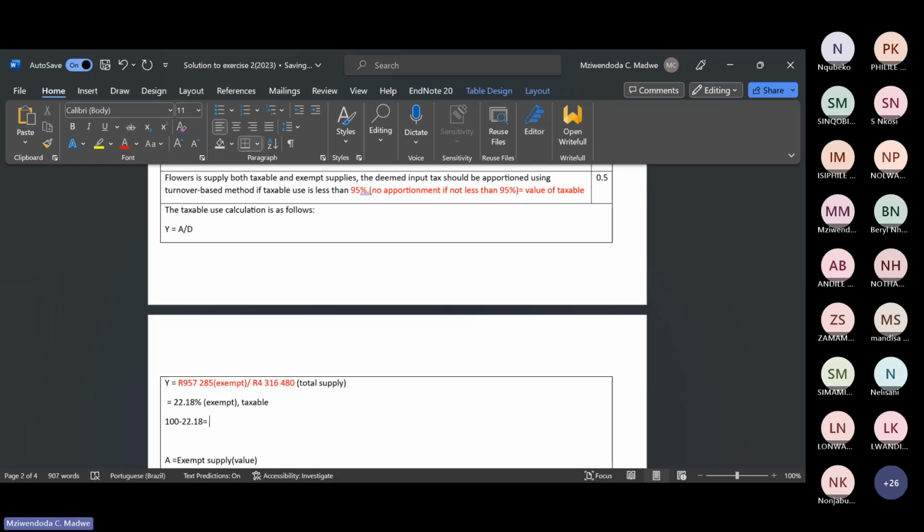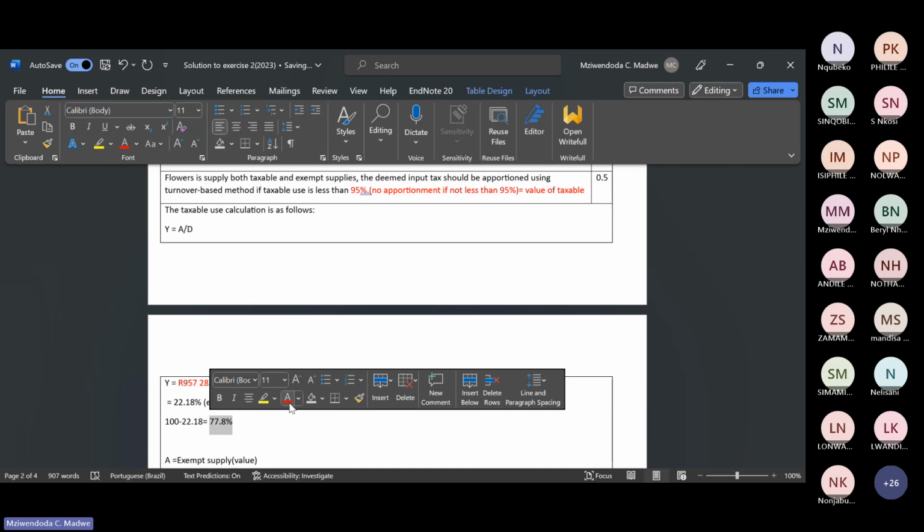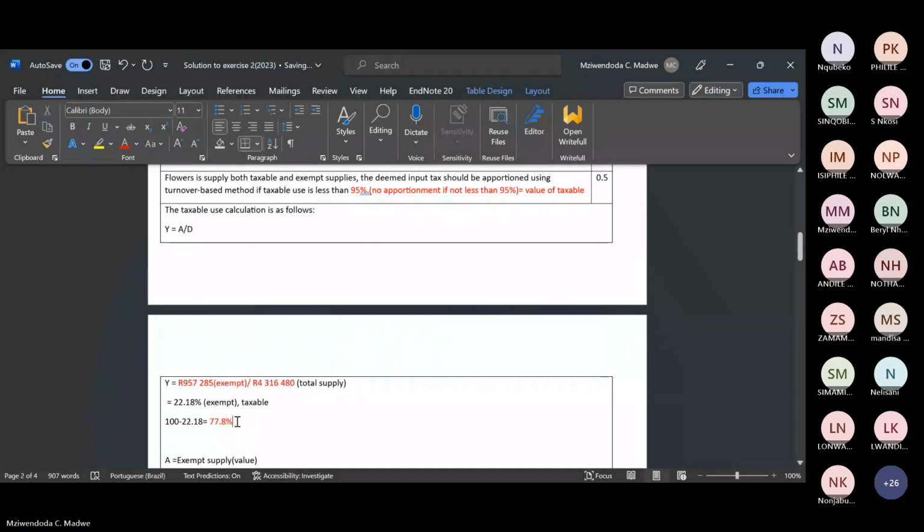This is our total supply, 100%. Then you subtract 22.18. What is the answer? 77.82. So 77.8.